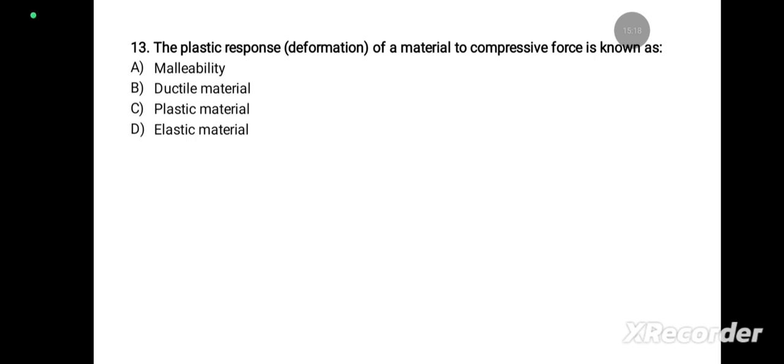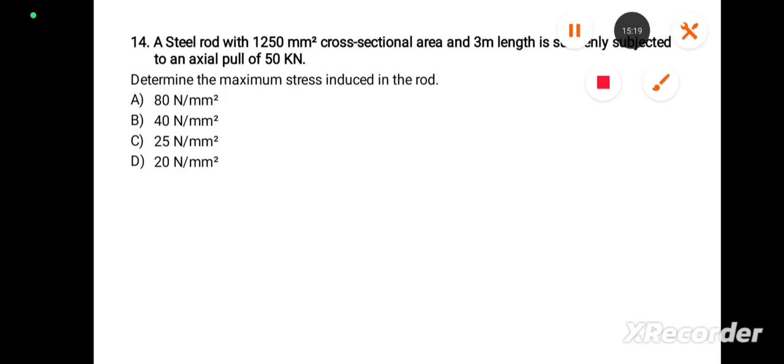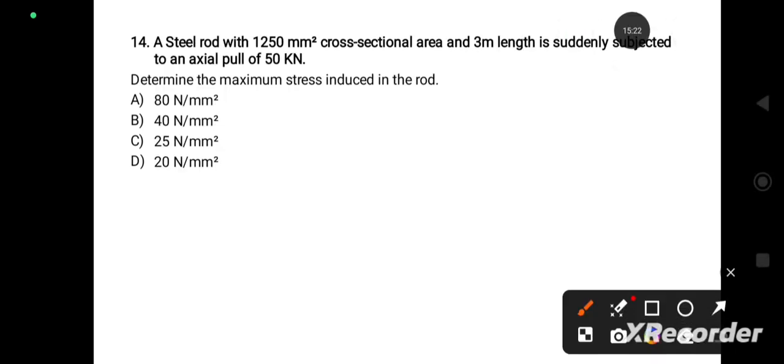Next, a steel rod with a cross-sectional area of 1250 mm square and 3 meter length is suddenly subjected to an axial pull of 50 kilonewton.